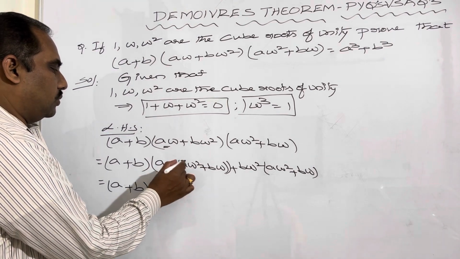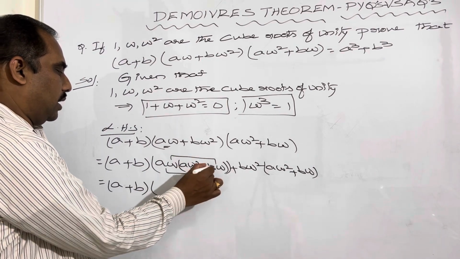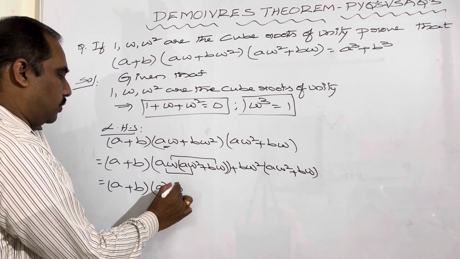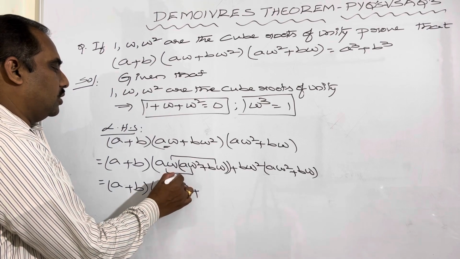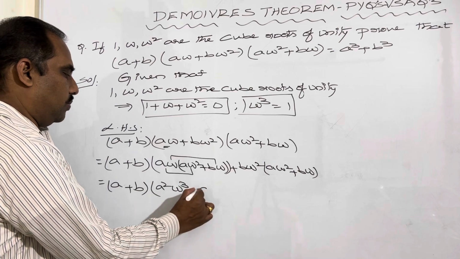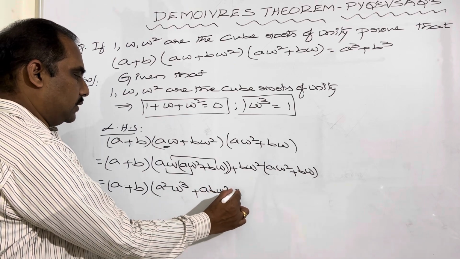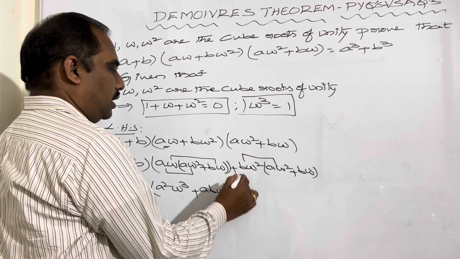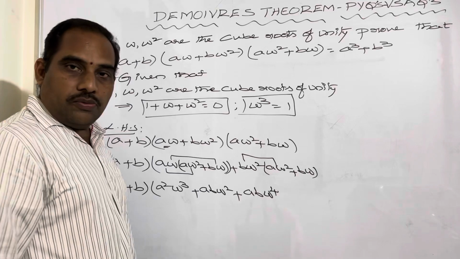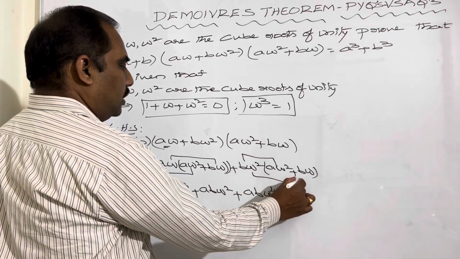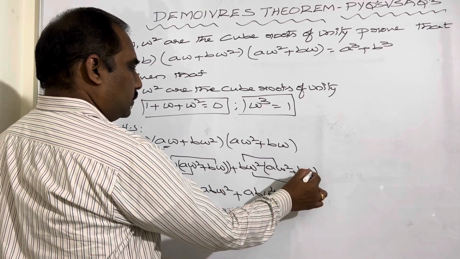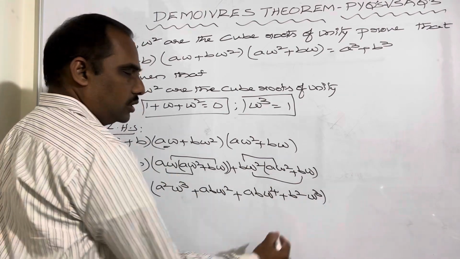Which is equal to (a plus b) into, we get a omega into a omega square, that is a square, and omega into omega square is omega cube. Plus a omega into b omega, that is ab omega square. Plus ab omega power 4. Also b into b is b square, into omega square into omega, which is nothing but omega cube.